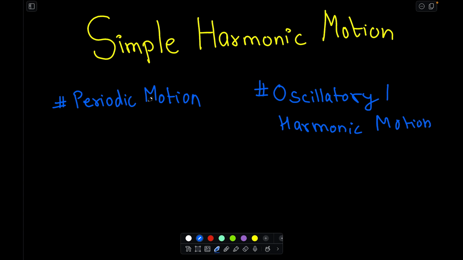Alright, so what is periodic motion? I will just describe both of them with a diagram and an example.